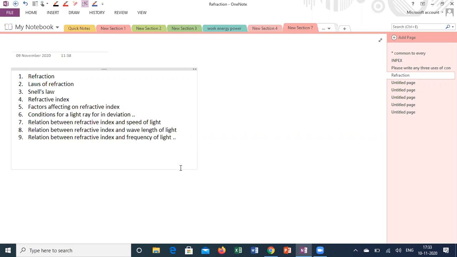Affecting, not effective; effective is different, affecting is different. So can anyone give the answer for the 9th question?